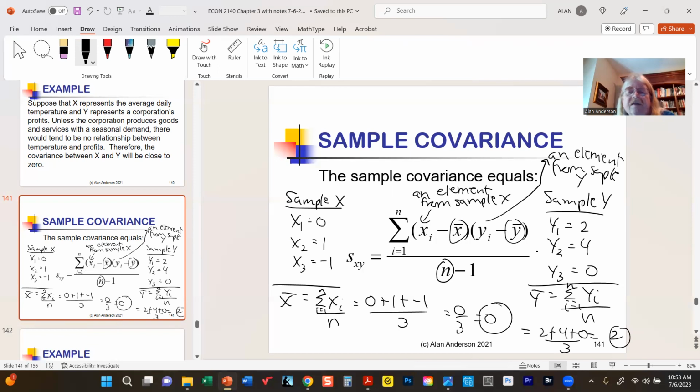And by the way, I forgot to mention this, but when we calculate this measure, both samples or populations, as the case may be, must have the same number of elements. Okay, that is a requirement for this measure.